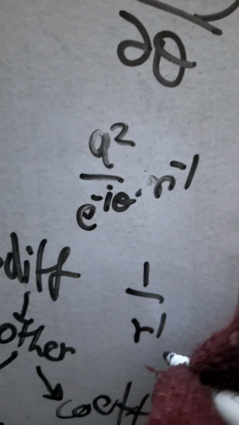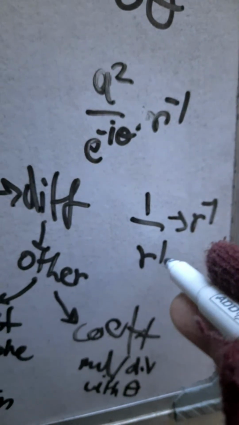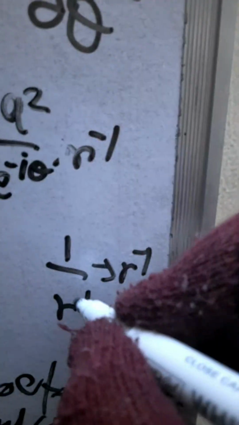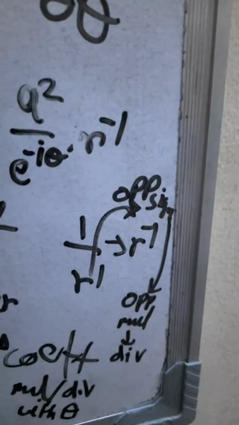Now I can write this 1 by r as r raised to minus 1, because 1 by r is 1 by r raised to 1. If I write this as r raised to minus 1, the power says how many times I multiplied it. I just put the opposite negative sign in this. Opposite sign means opposite of multiplication, which is division.